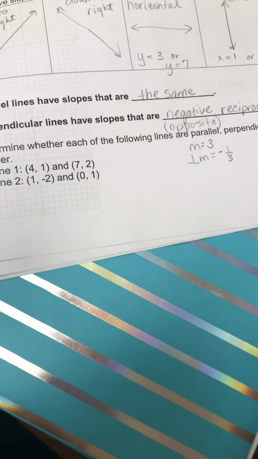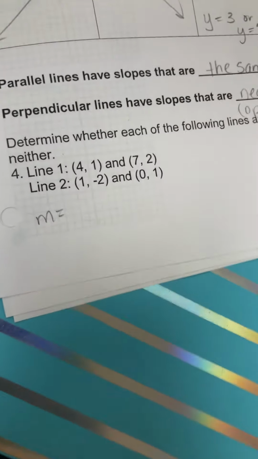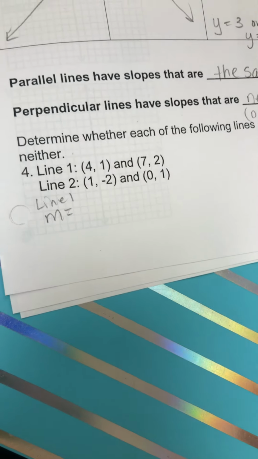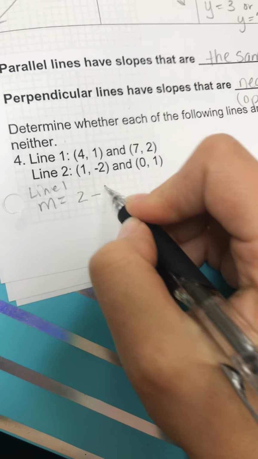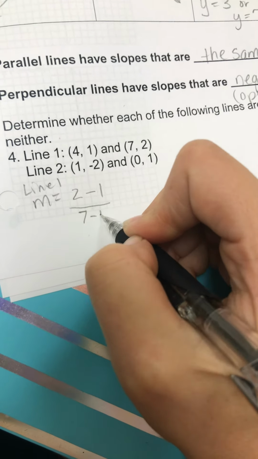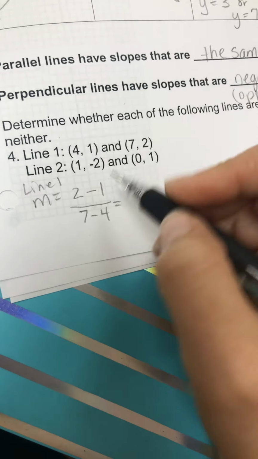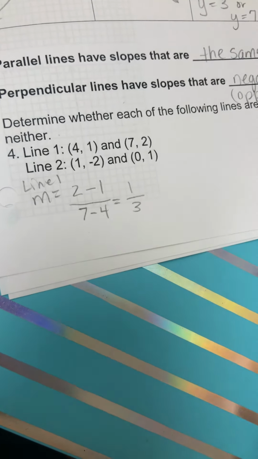Okay, so look here. Determine whether each of the following lines are parallel, perpendicular, or neither. So we need to use our equation. We need to find the slope of line 1, and the slope of line 2. For line 1, the slope is going to be 2 minus 1 over 7 minus 4. So 2 minus 1 is 1, and 7 minus 4 is 3.